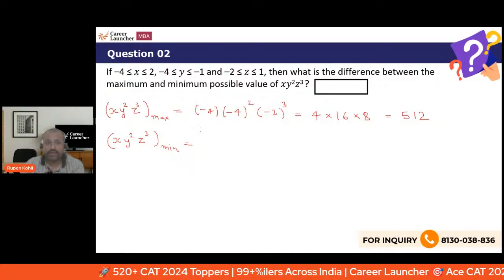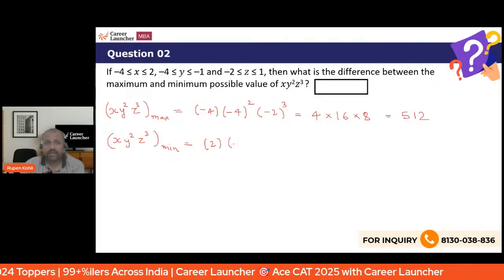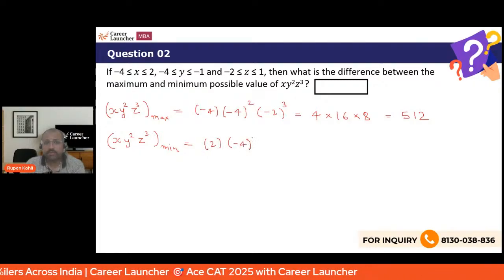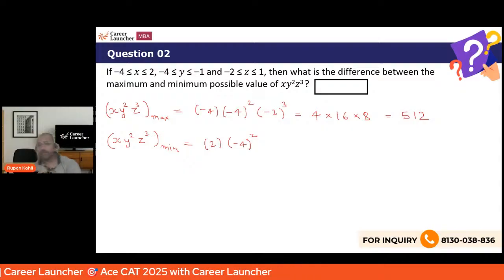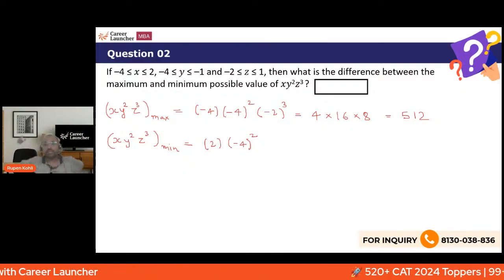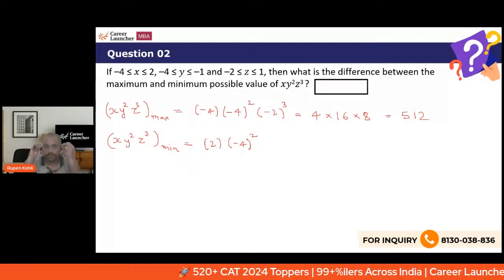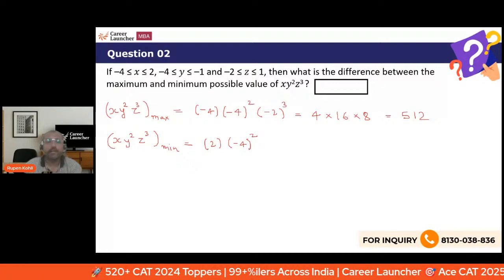Now, if I keep x as positive, which is 2, y obviously I would keep as minus 4 only to maximize the magnitude. You see, to minimize a value, we should keep the sign negative and magnitude high. So y we would take as minus 4 again, right?